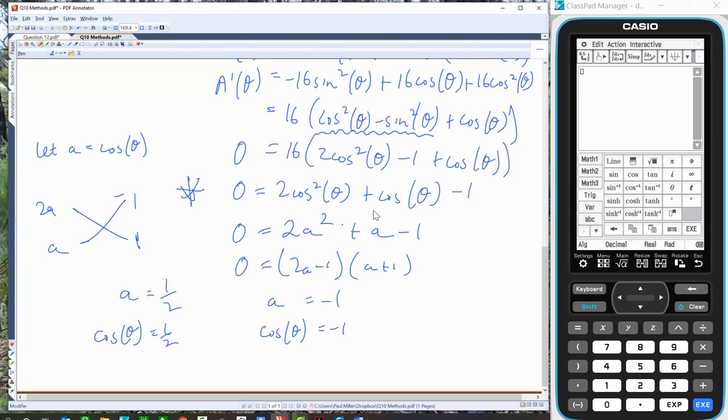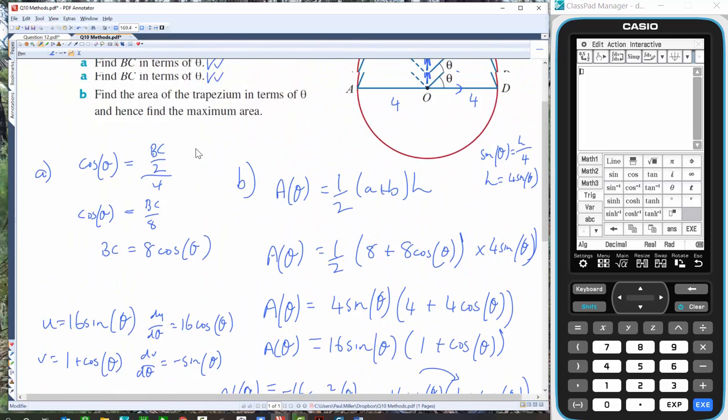Okay, so what are my solutions over here? When is cosine -1? It's over here. So theta equals pi. When is cosine 1/2? Well, we're going to start here, and cosine is going to be there at pi on 3. That's when cosine is going to be 1/2. So theta equals pi on 3. Now, it's also 1/2 there at 5 pi on 3.